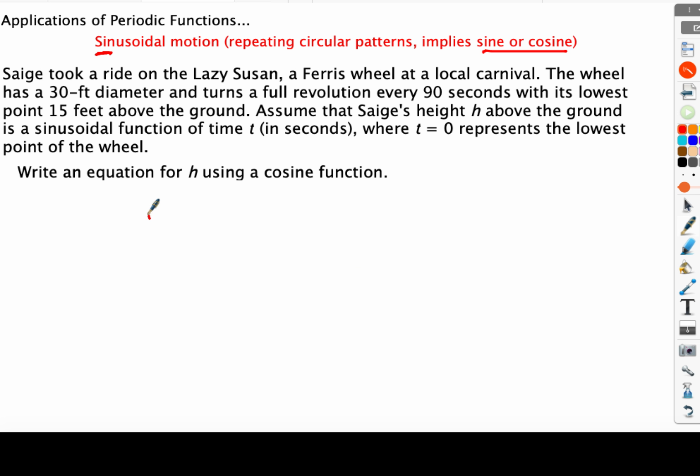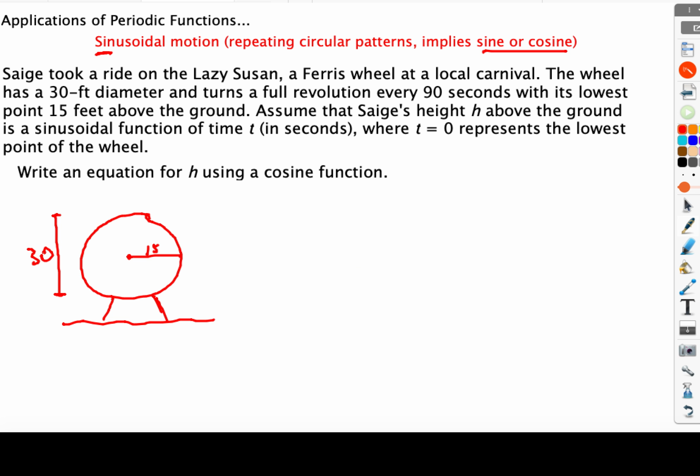So basically we've got a circle, a Ferris wheel here. It's going to be right above the ground. It has a diameter of 30 feet, so let's say we've got a radius, therefore, of 15. But again, a full diameter of 30 here.